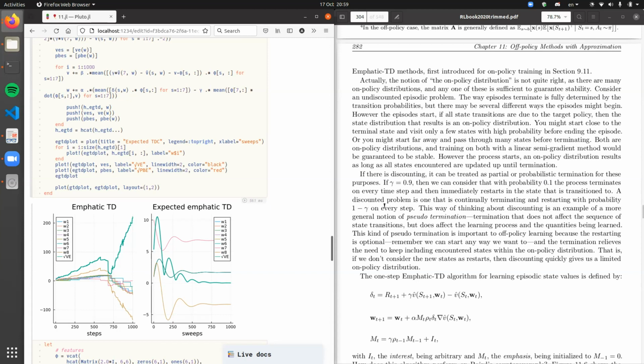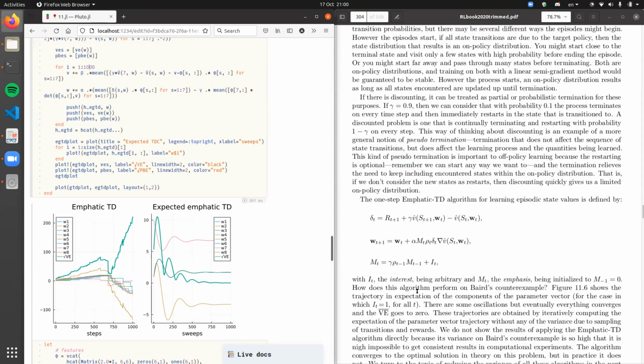In this way, the discounted formulation can be viewed as a pseudo-termination. So when using discounting, we kind of terminate at each transition with some probability, but instead of doing it stochastically, we do it kind of in expectation.